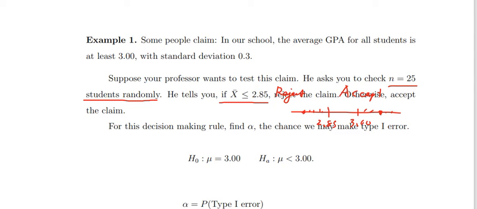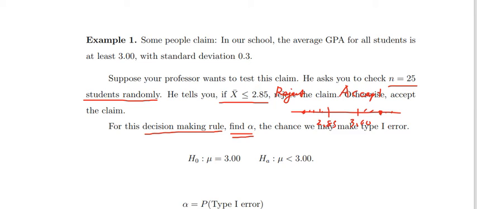For this decision-making rule, we want to find alpha, to check whether this decision-making rule is good or not so good, or the probability of committing such a mistake.